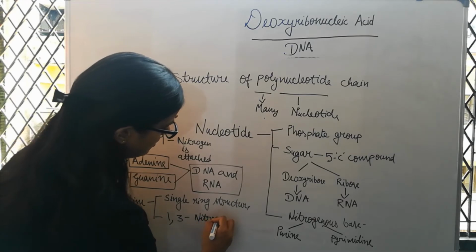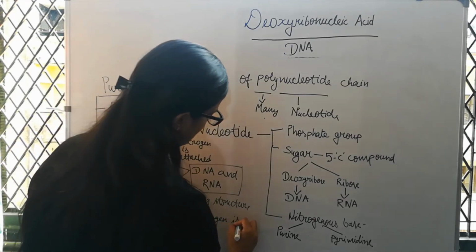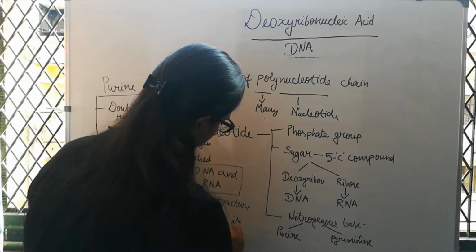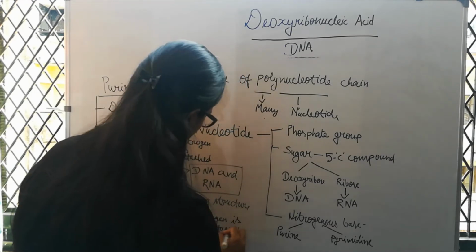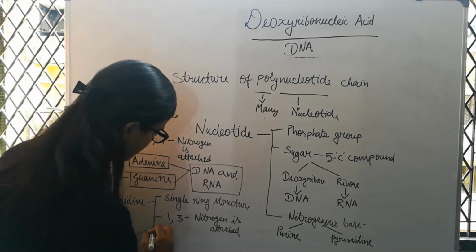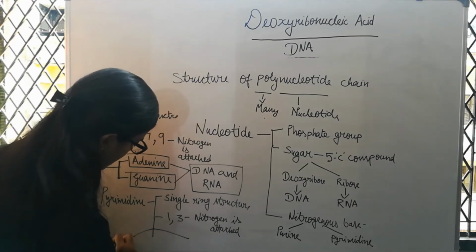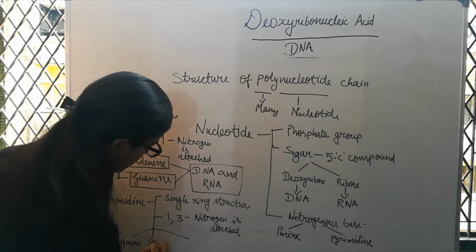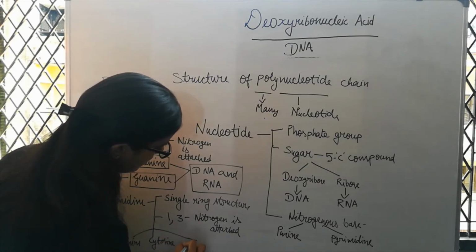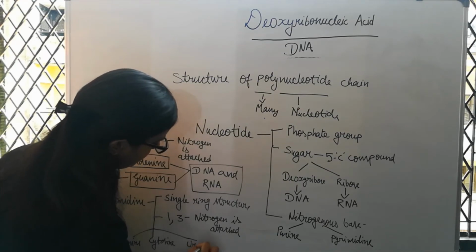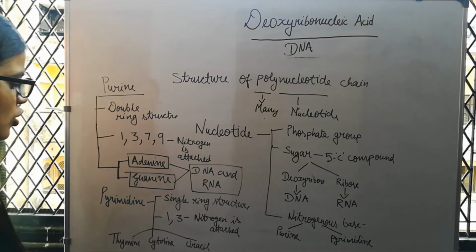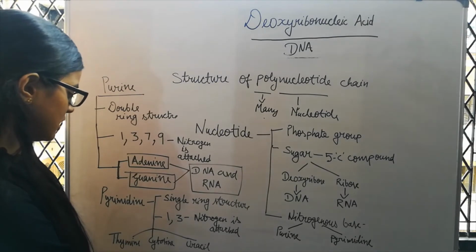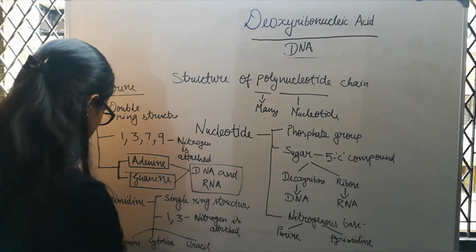It is of 3 types: thymine, cytosine and uracil.